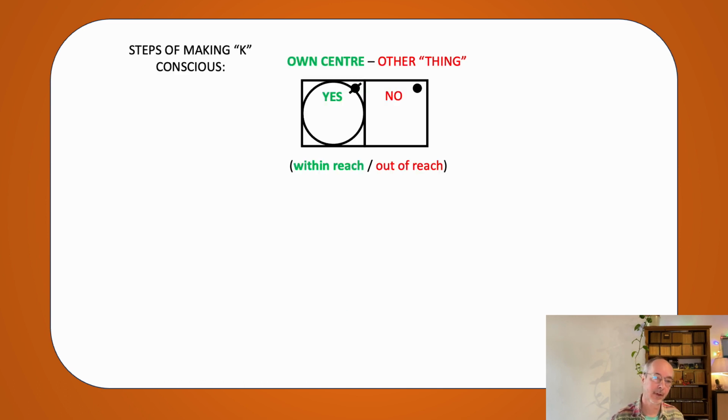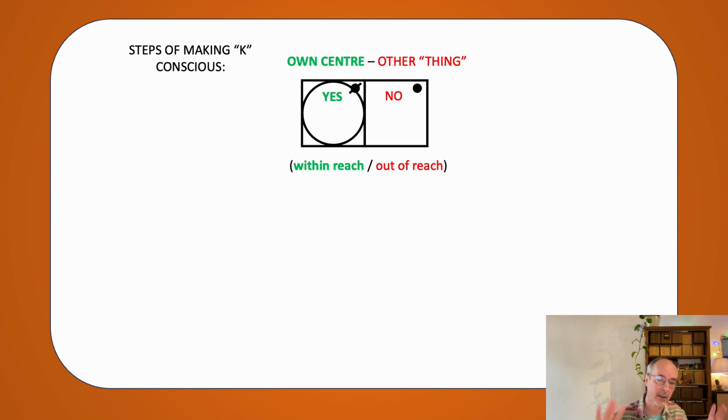So, of course, we started from one centered point of thinking, also with the K. And what we prefer is, of course, from the one centered point, a yes. Yes, what is within our reach? What is not within our reach? If we reach something and we don't understand it fully, that is the no. And we don't know what it is. At that first stage when we experience it, it is just something else.